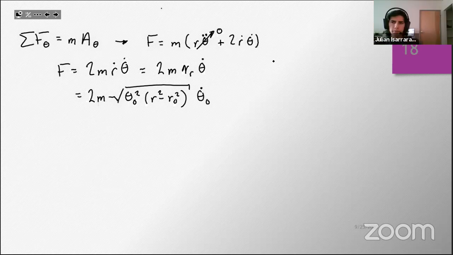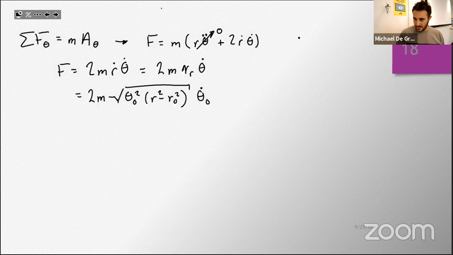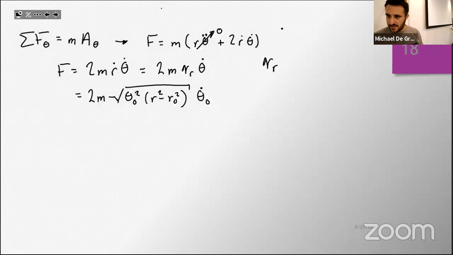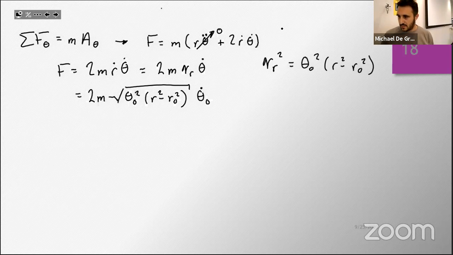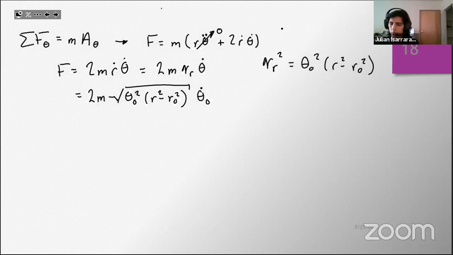Remember, we came up with v sub r squared is equal to theta naught squared times (r squared minus r naught squared). That's what we came up with for the previous part.